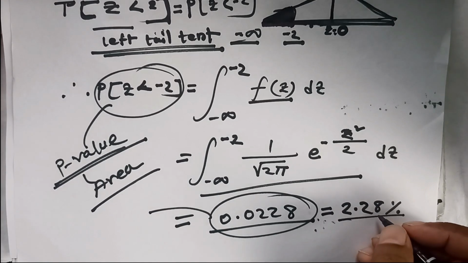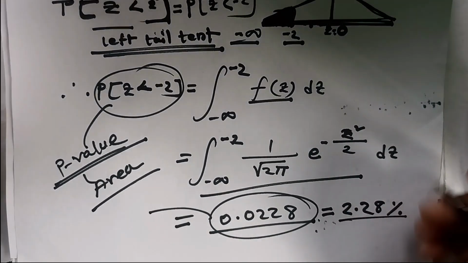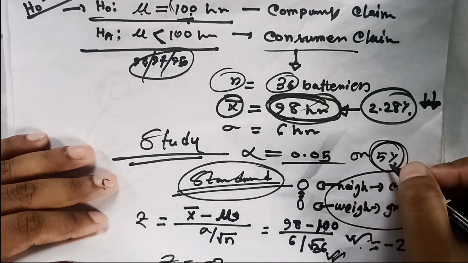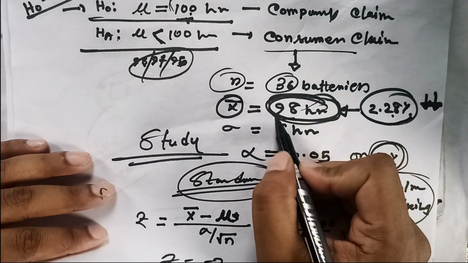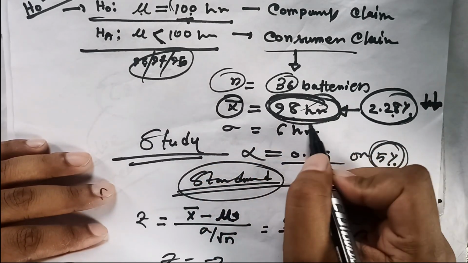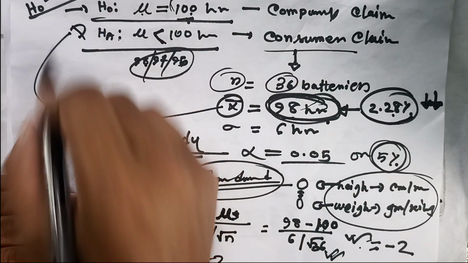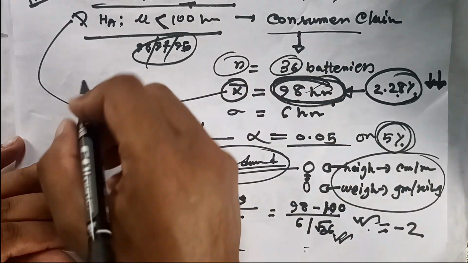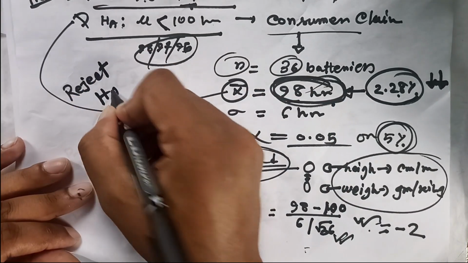If you compare this 2.28%, it's very low compared to 100%, and we are given a level of significance of 5%. So if it is less than 5%, a rare case like 2.28% of the time we will get a sample statistic of 98 hours, then we should reject our null hypothesis that we initially assumed to be true. So we reject our null.